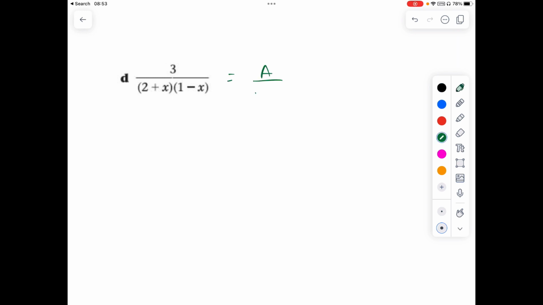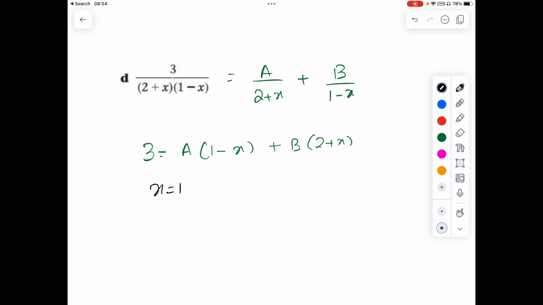A upon (2 + x) plus B upon (1 - x). So 3 equals A times (1 - x) plus B times (2 + x). Plug in x equals 1. So I get 3 equals 3B, B equals 1. Plug in x equals -2, 3 equals 3A, A equals 1.